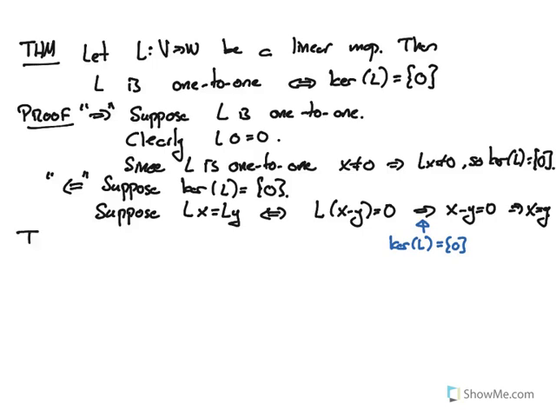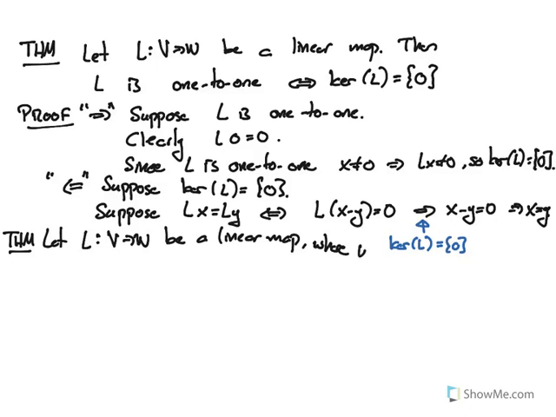So now the other theorem says something about when L is onto. So as usual, L maps V to W. So let this be a linear map, where W is finite dimensional.